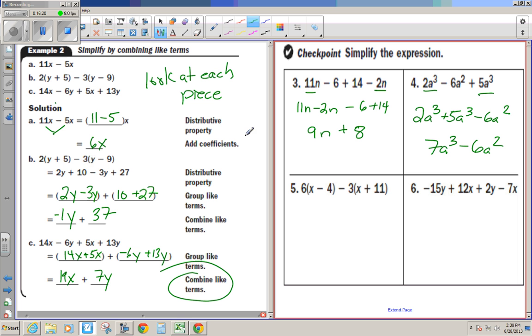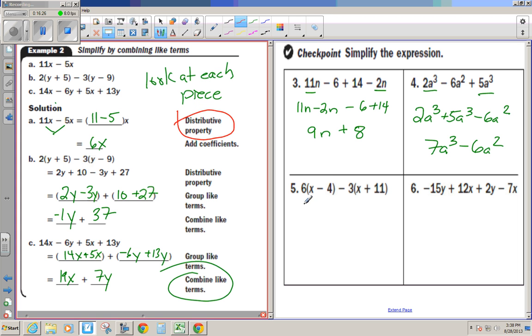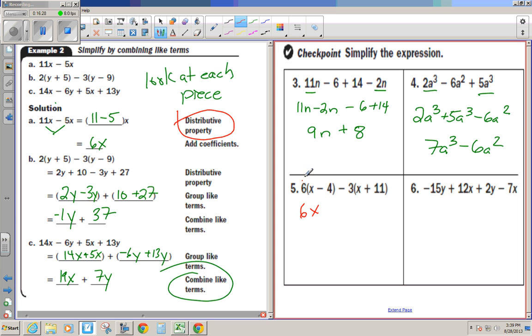But we do know the distributive property tells us to take the 6, put it on the x, and take the 6 and put it on the minus 4. So you end up with 6x minus 24. Take the 3 and distribute. This is where you have to be careful.